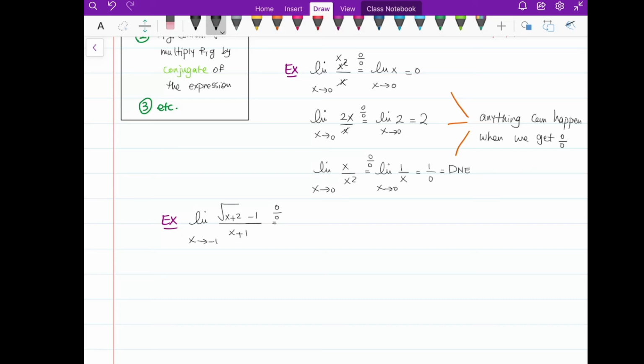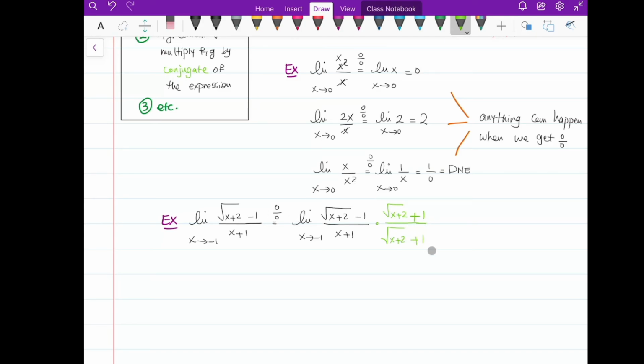Okay, so I need to simplify that. I have my expression with square root. That's why I'm gonna multiply it by the conjugate. So the conjugate would be square root of x plus 2 plus 1, over the same thing, square root of x plus 2 plus 1.